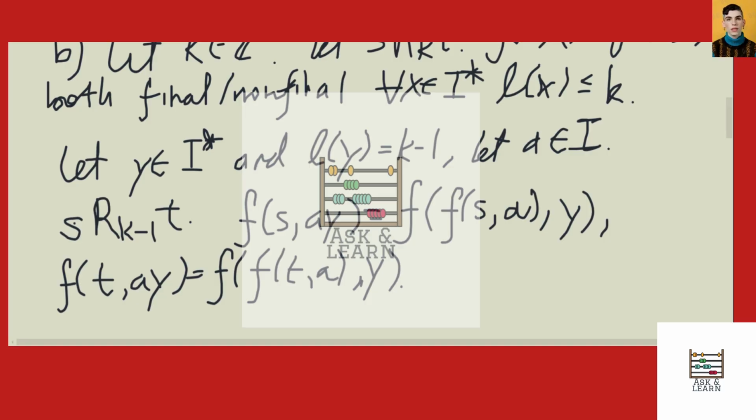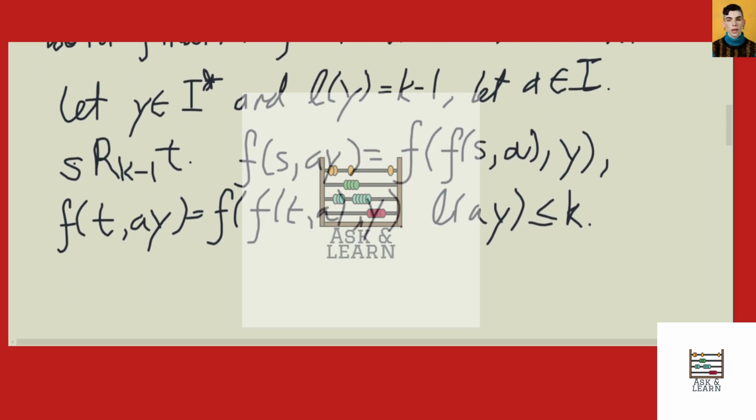So it follows that, since the length of ay is less than or equal to k, in fact, it's going to be equal to k, it follows that f of sa is k minus 1 related to f of ta.